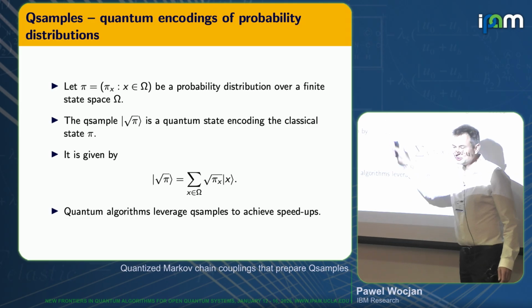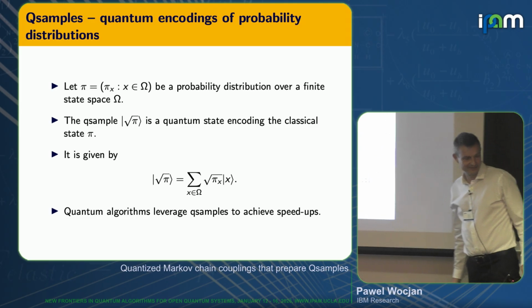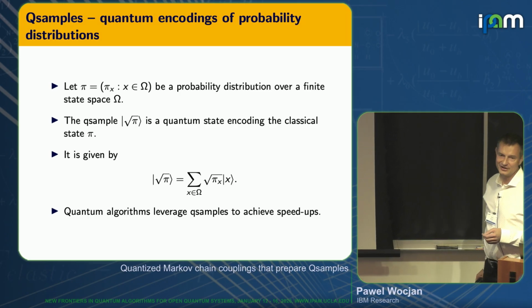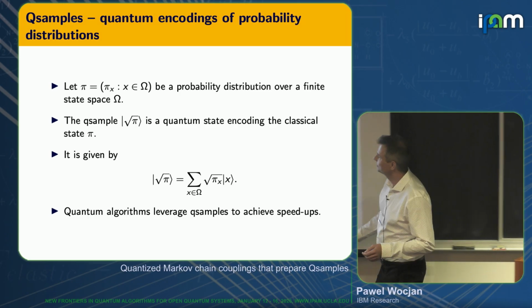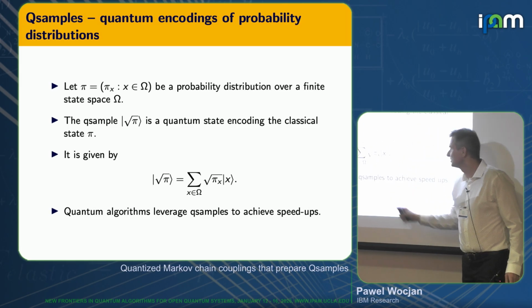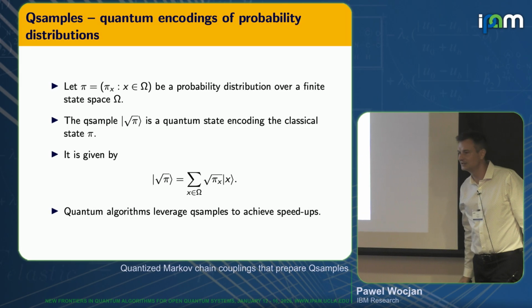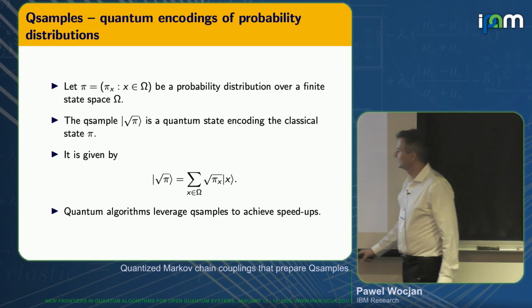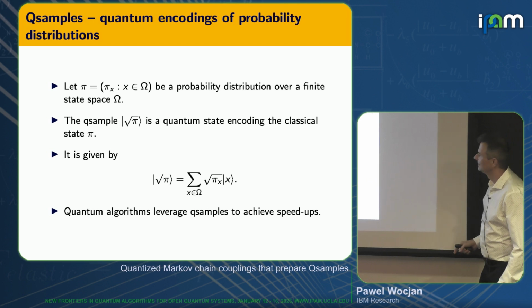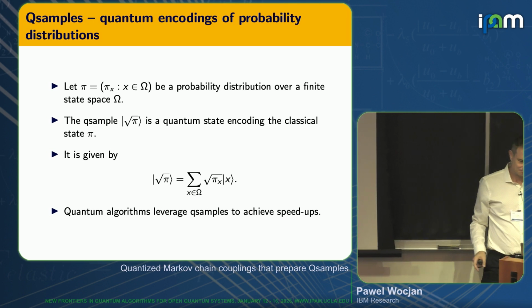And then the Qsample is a state vector, and the label for the ket vector is square root of pi. The reason why I write square root of pi is because what we do is we just turn the probabilities into amplitudes by taking the square root. And then you get a perfectly fine quantum state.